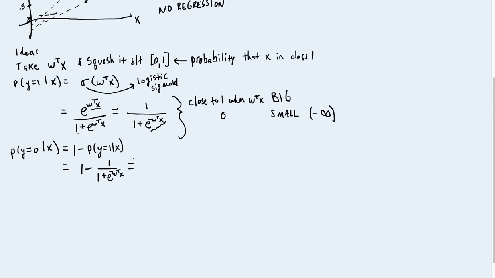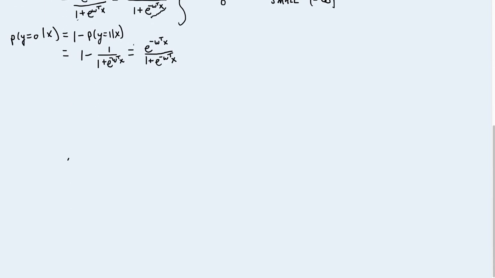And if we do a little bit of math, we get e to the negative w transpose x over 1 plus e to the negative w transpose x. So that's the probability that y equals 0 given x. And now I want us to notice something.